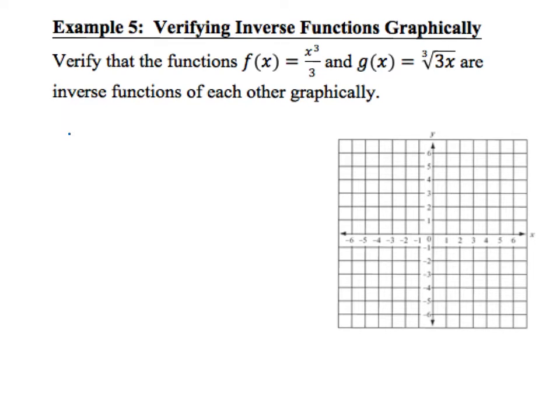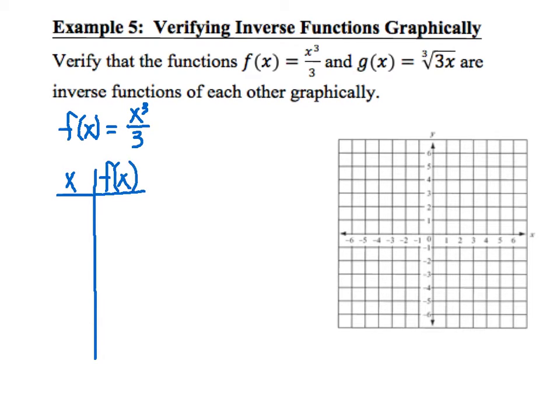So f of x equals x to the third over 3, and we'll graph that one in blue. So make a table of values, and we have an x and f of x. Let's just plug in -2, -1, 0, 1, and 2.